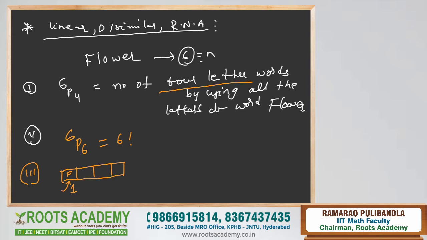Now the remaining 3 empty places have to be filled. Repetition is not allowed, be very careful. One letter is over, so 5 letters are left. n is 5 and empty places r is 3, so that can be done in 5P3 ways. So my answer is 1 into 5P3, because it's a continuation, which means product.